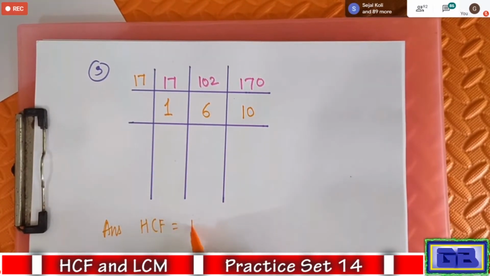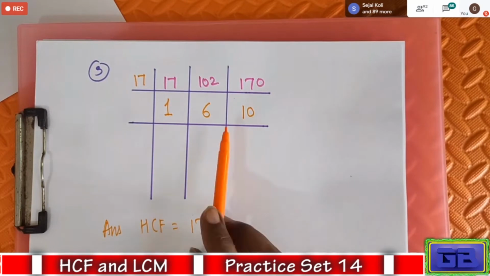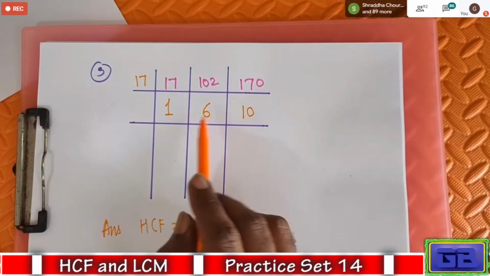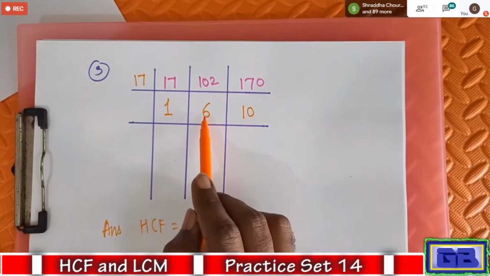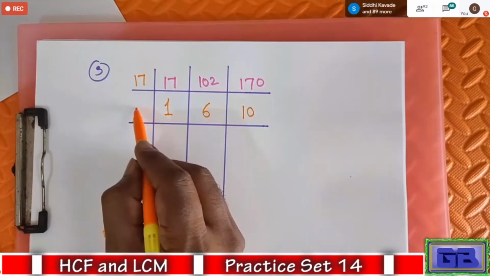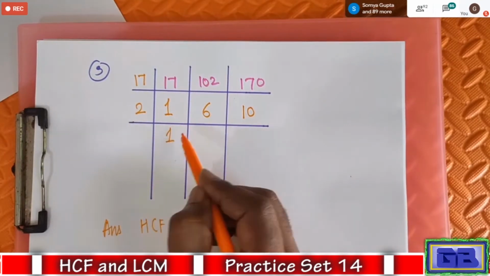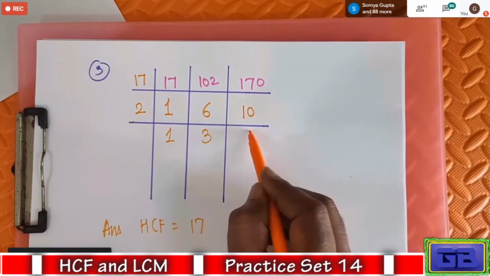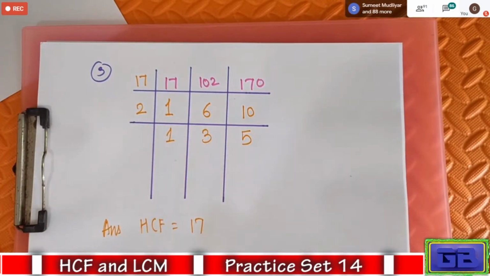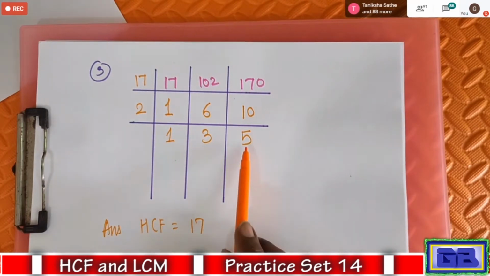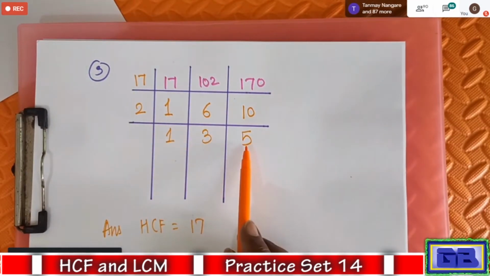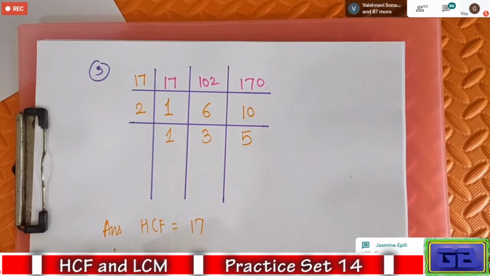HCF equals 17. But now to find out the LCM, we will take more factors, that is from 6 and from here 10. I will take 2, 1 as it is now. 2 threes are 6, 2 fives are 10. Now we have to multiply 17 into 2 into 3 into 5 for the LCM.